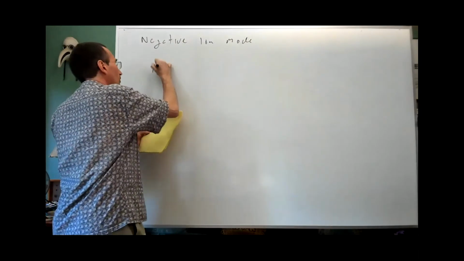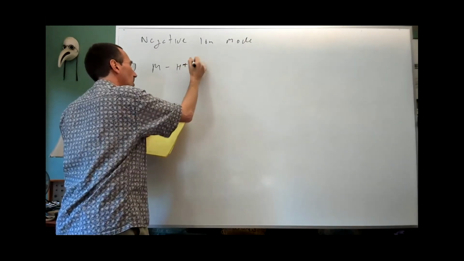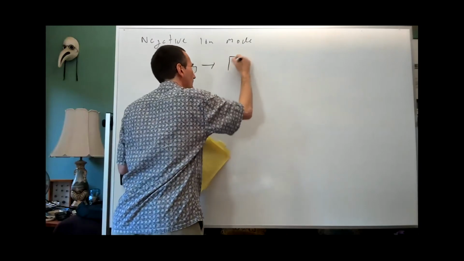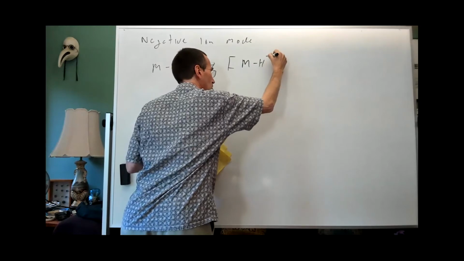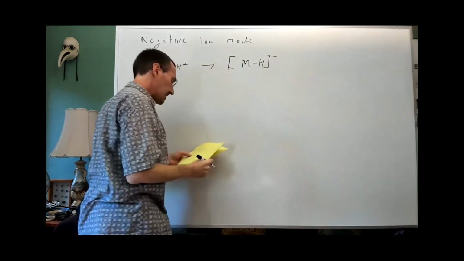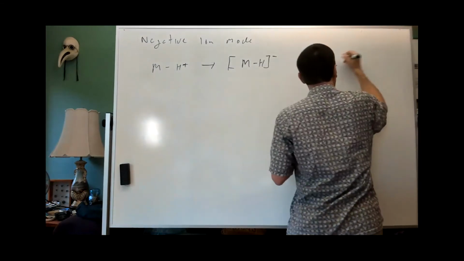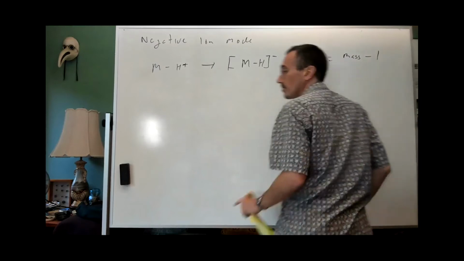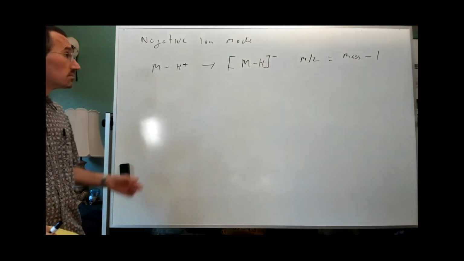And so if we think about this as M minus H plus, in other words, loss of a proton, now we're going to get M minus H minus, and our M to Z is going to be the mass, not plus 1, but minus 1.